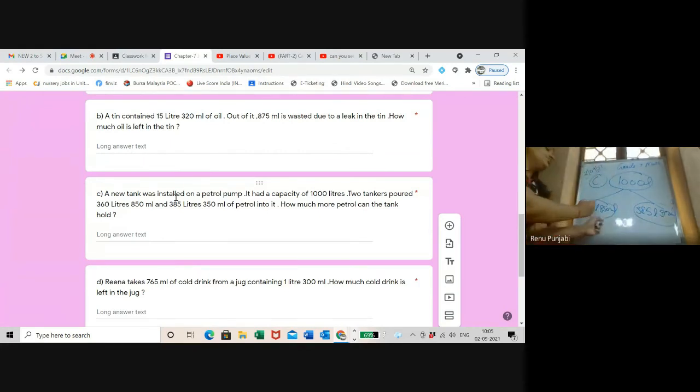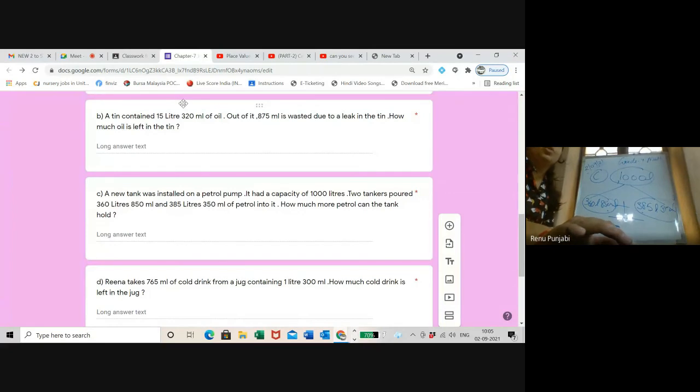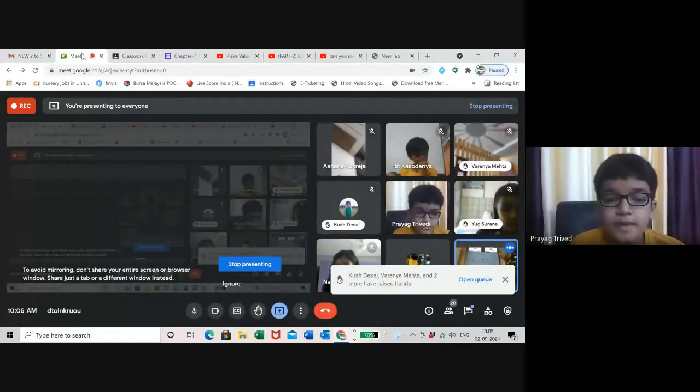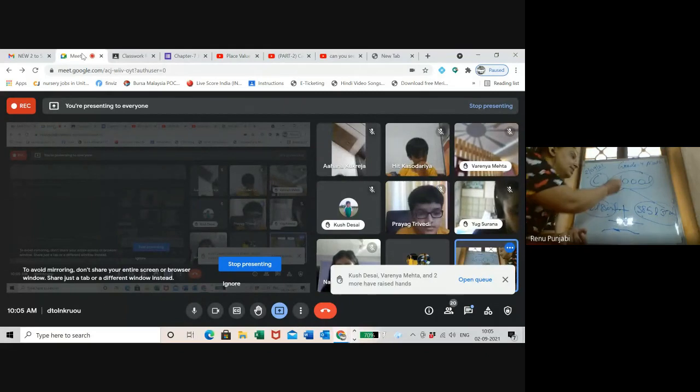So first you should add the capacity of these two containers, because you are filling from the two. Then the total that comes, you will subtract from 1000, because it is asking how much more petrol can the tank hold. Got it? So first add the capacity of these two containers, whatever the answer is coming, subtract that answer from 1000.